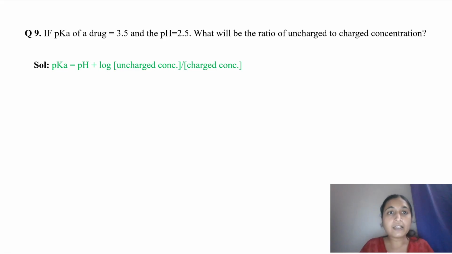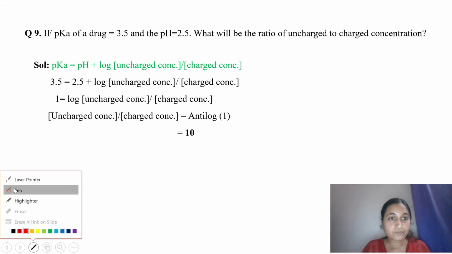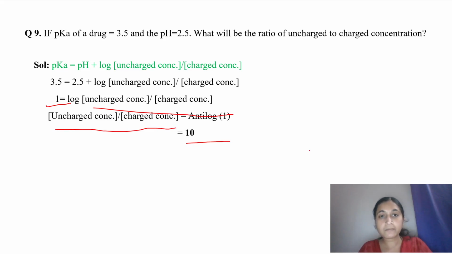So we will apply what is given in the question: pKa equal to 3.5 and pH equal to 2.5 plus log uncharged concentration upon charged concentration. So 1 equal to log this, then uncharged upon charged concentration equal to antilog 1, equal to 10.